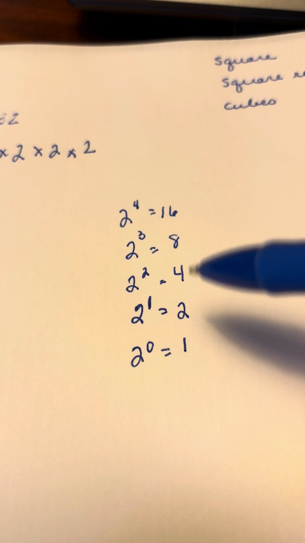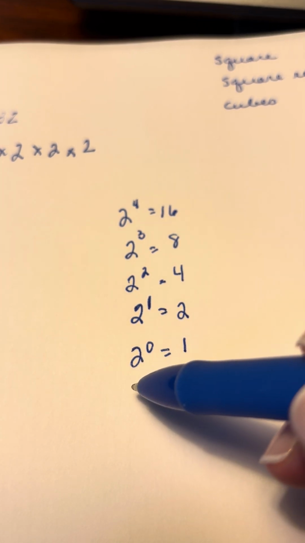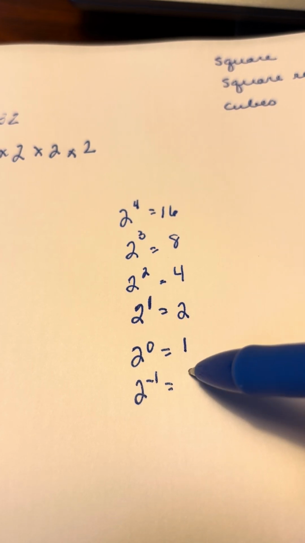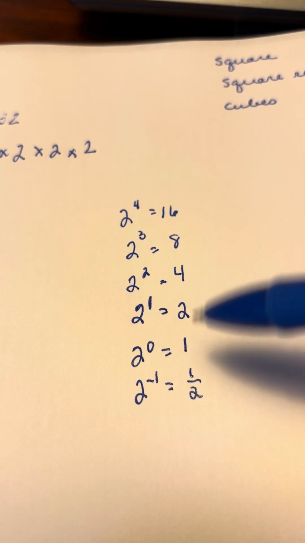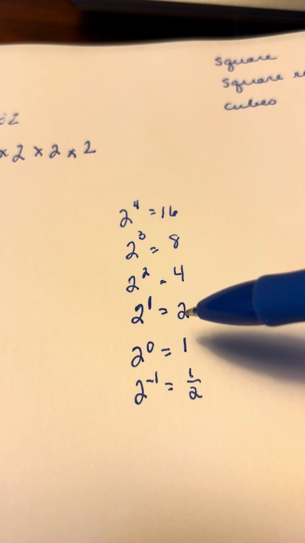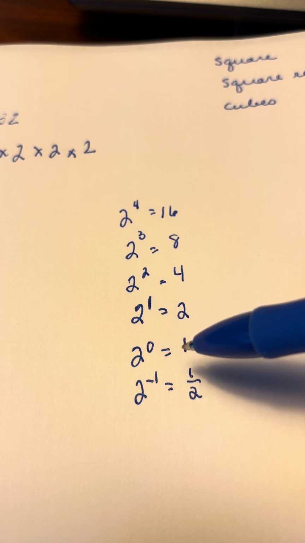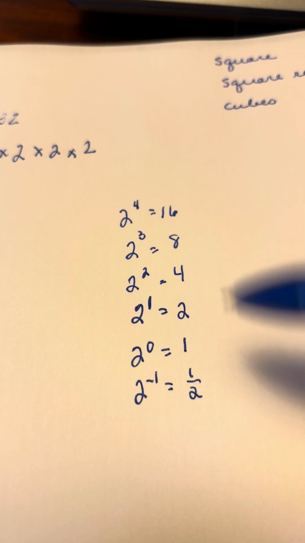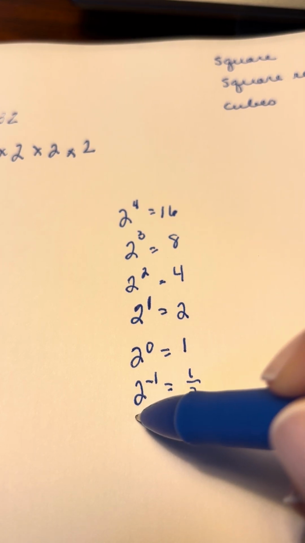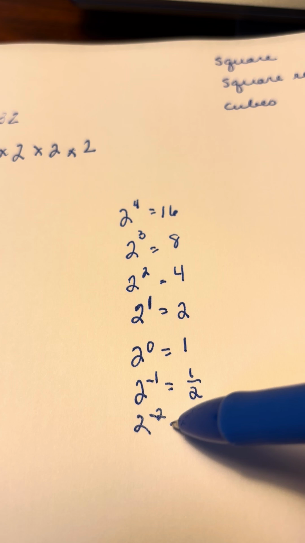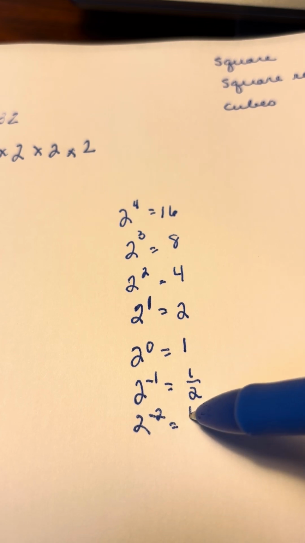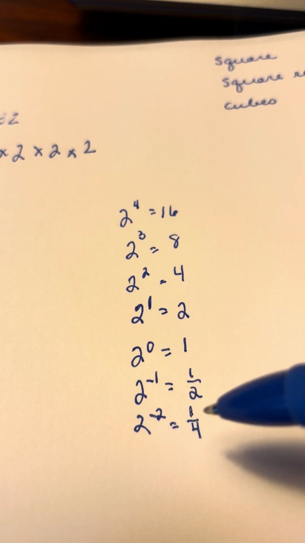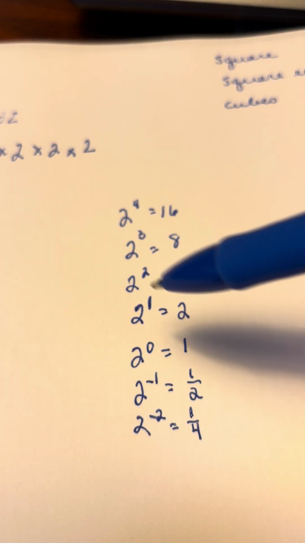So now, using this idea, 2 to the negative 1 power is 1/2. Why? Because you take dividing by 2. If you take 1 divided by 2, you get 1/2. Here's another way to think of it. 2 to the negative 2 would just be dividing by 2 again, 1/4. I like this.